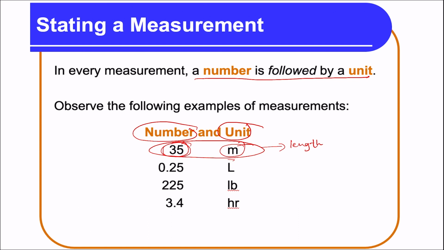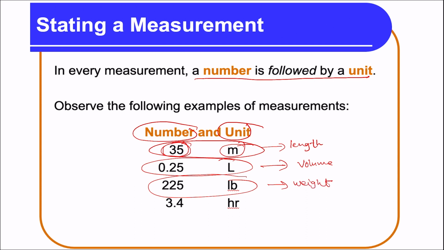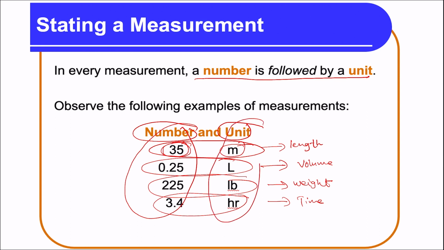Someone says 0.25 liter. So it represents the volume of the substance. 225 lb represents the weight. 3.4 hour represents the time. So here you can see the size or magnitude of the measurement, and you express this measurement in a consistent unit.